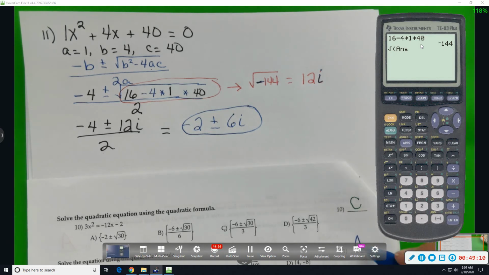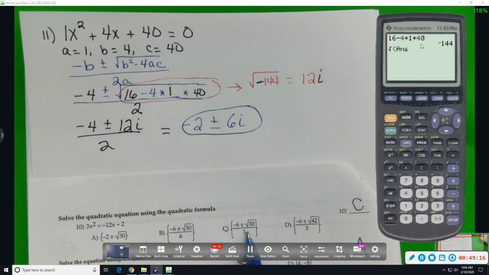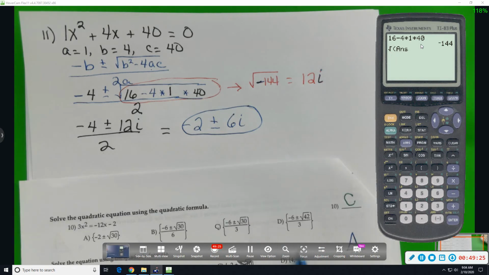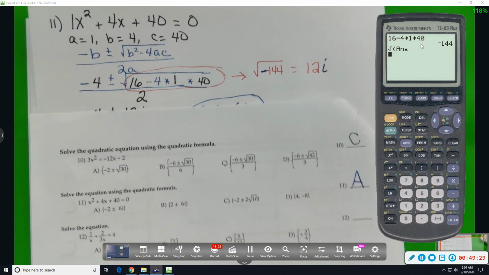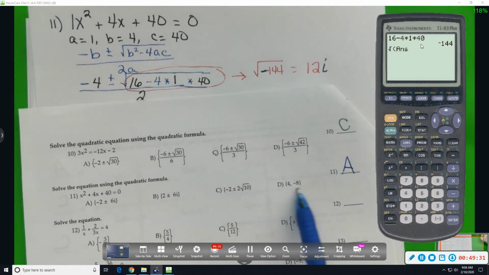If you're using the quadratic formula, your answers are either going to look like this, with the plus minus square root in it, or it's going to have some i's in it. If you just get whole numbers or fractions here, integers or fractions, then it could have been factored.